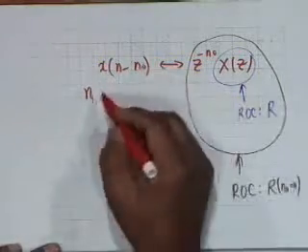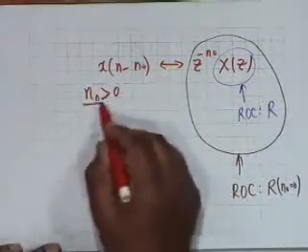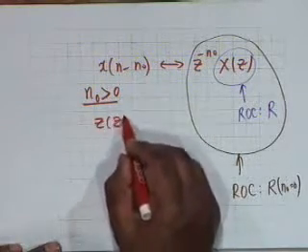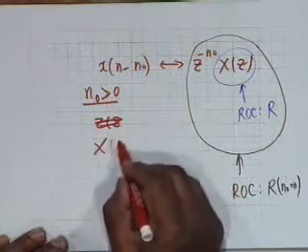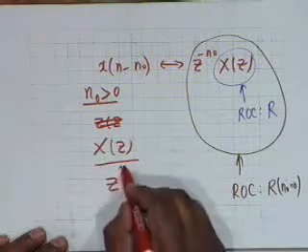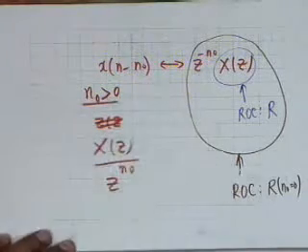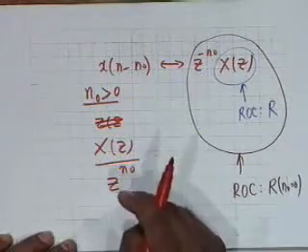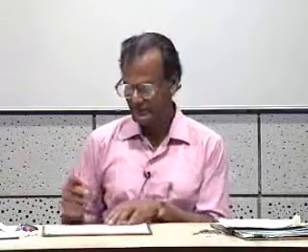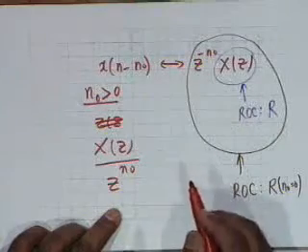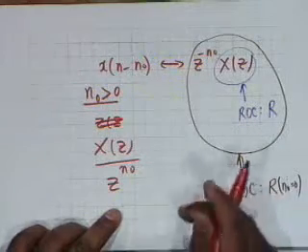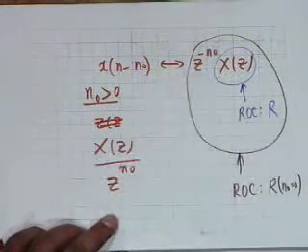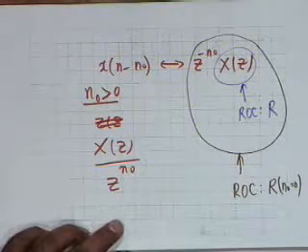However, if n0 is greater than 0, if n0 is a positive integer, then you see capital X of Z divided by Z to the power n0, and obviously you are creating poles at Z equal to 0, and therefore the ROC of this shall be R minus the origin. If R includes the origin, then you have to exclude the origin from the revised or modified region of convergence.